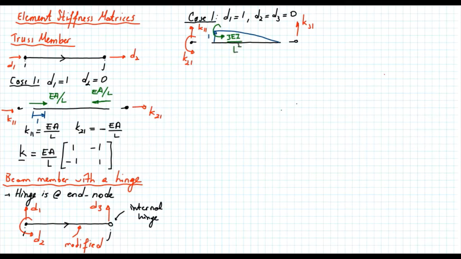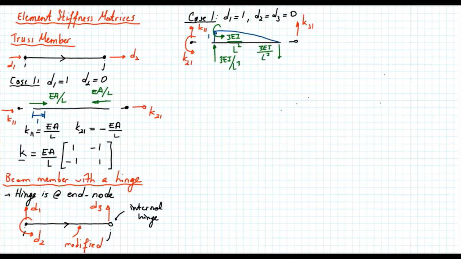At the end node, there is no moment. The moment is equal to 0. Then the shear force should be equal to 3EI over L cubed. And I should have the same shear force but in the opposite direction. And magnitude is again 3EI over L cubed.